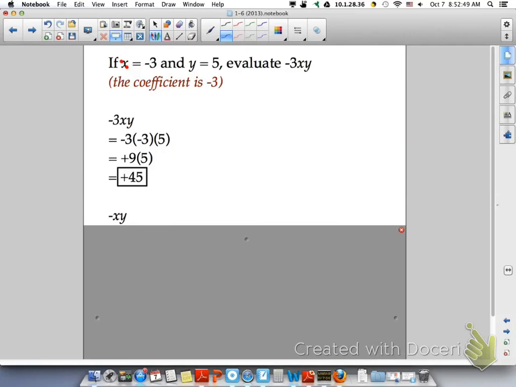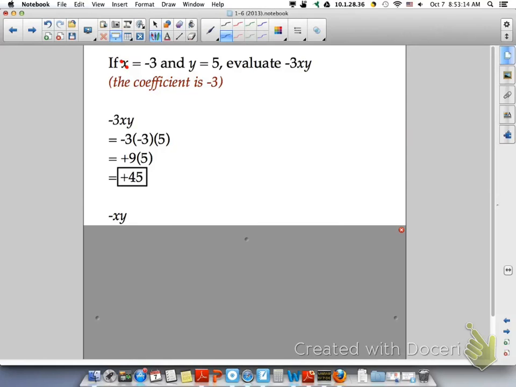Now, the moment you say that, it's as though you've received a revelation. Everything falls into place. There's no more confusion. The fog is lifted. So you have the opposite of x times y, and you know that x is negative 3. So what is the opposite of negative 3?